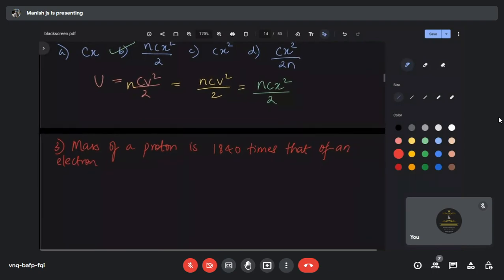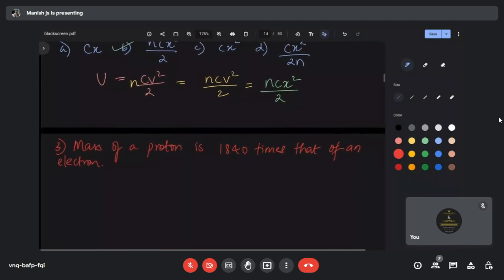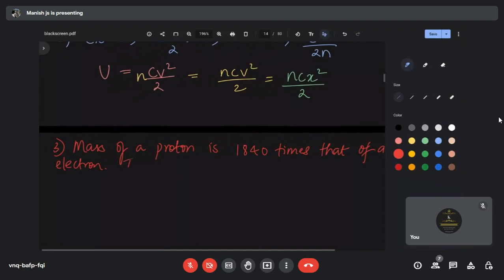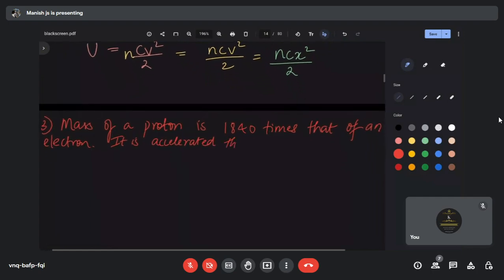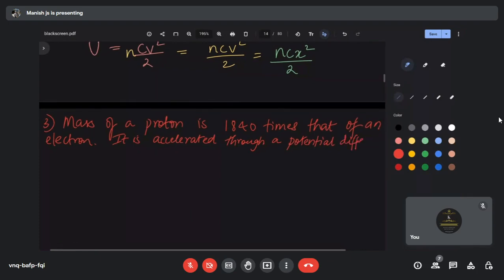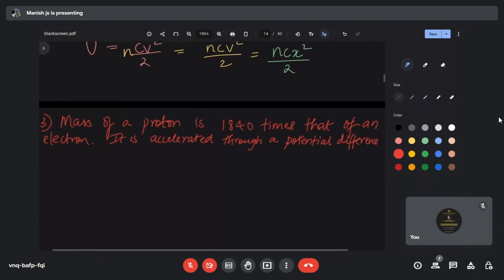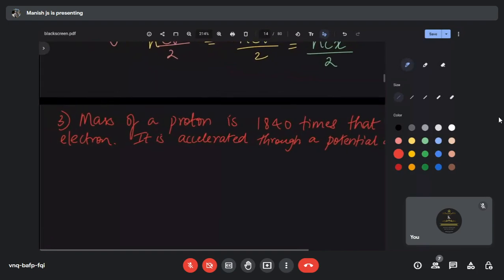It is accelerated through a potential difference of 1 kilovolt.